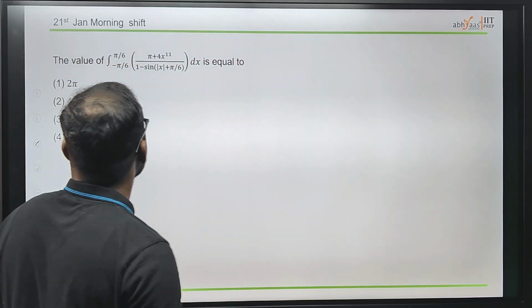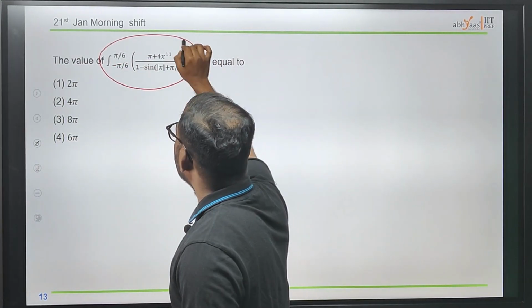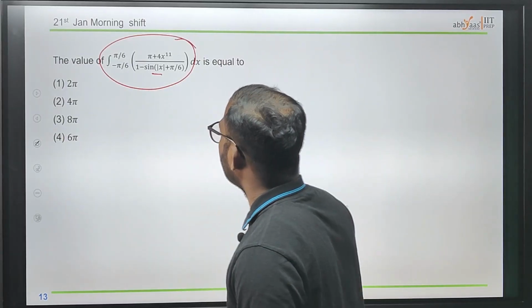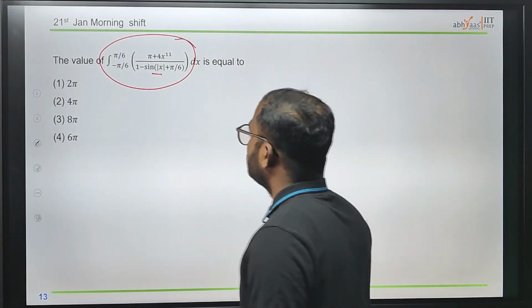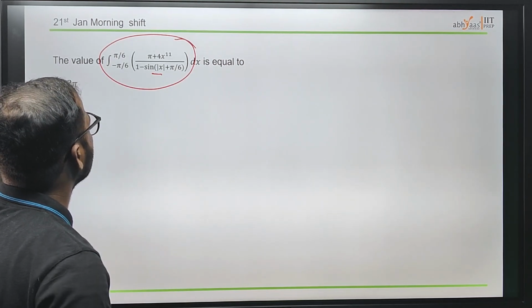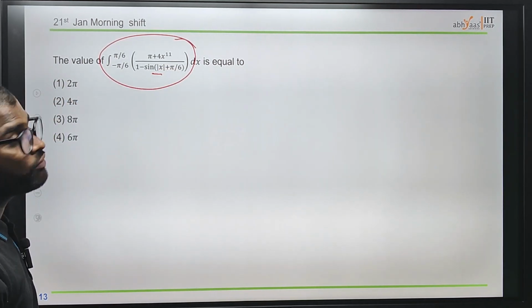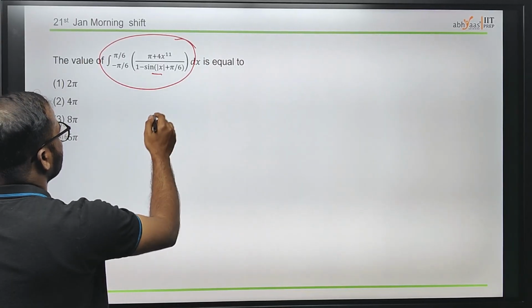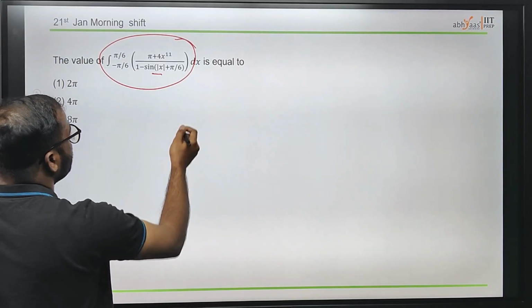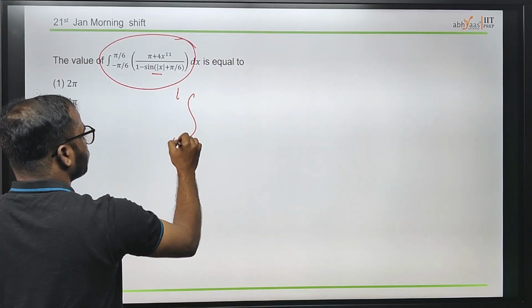Next question, here we have the definite integral question. If you observe, we have sine of mod x, from minus pi by 6 to pi by 6, of pi plus 4x to the power 11 divided by 1 minus sine of mod x plus pi by 6. Since we have mod, just separate it.